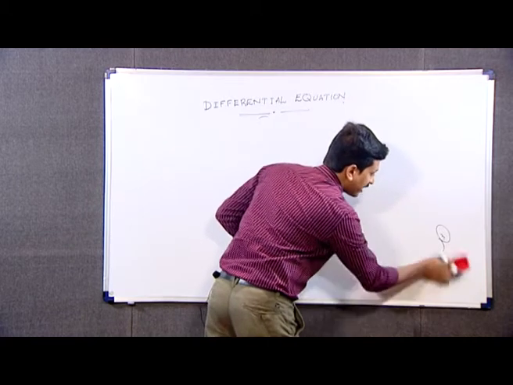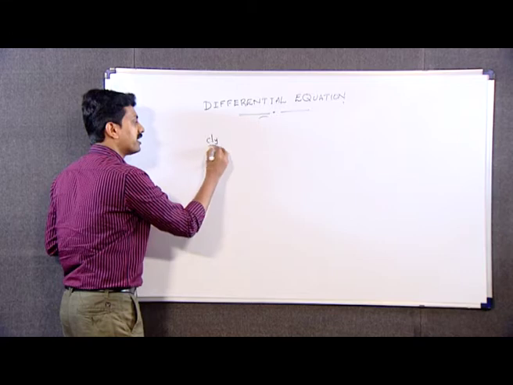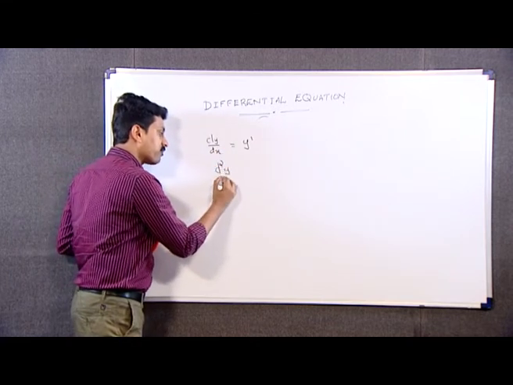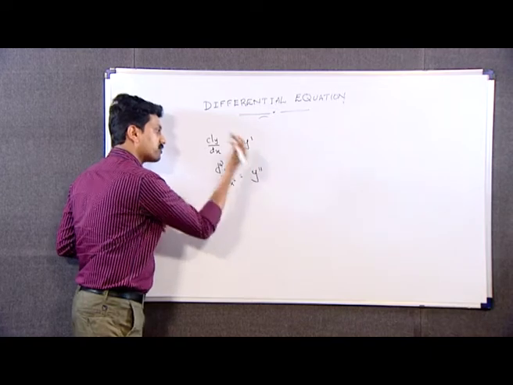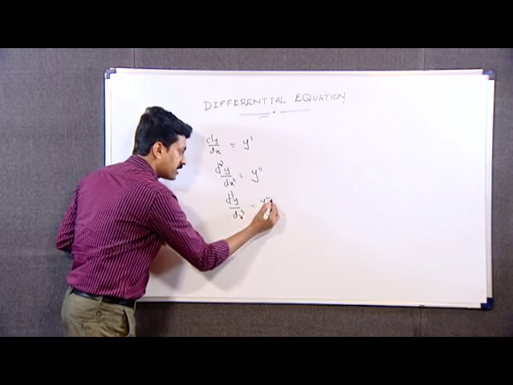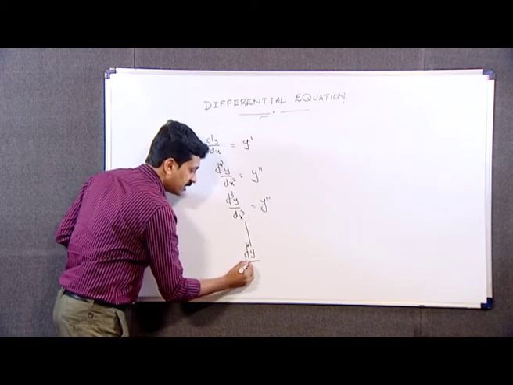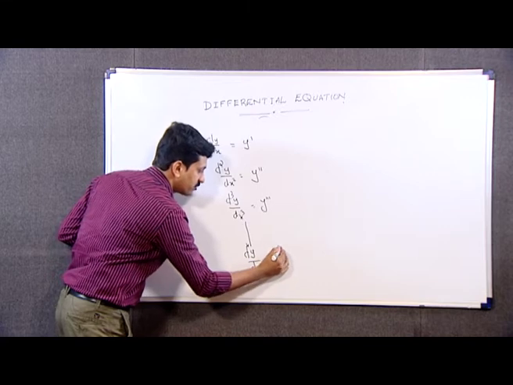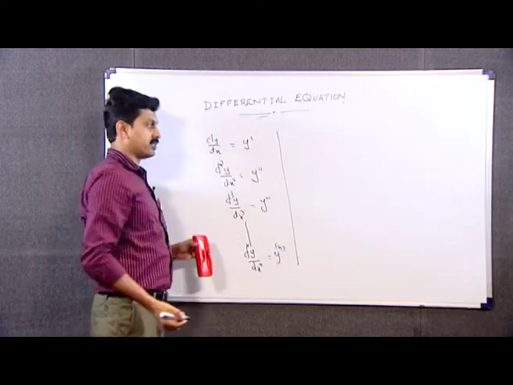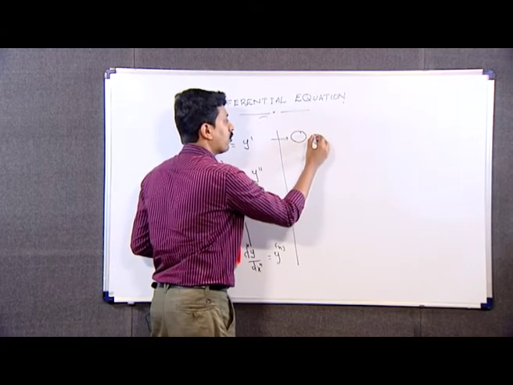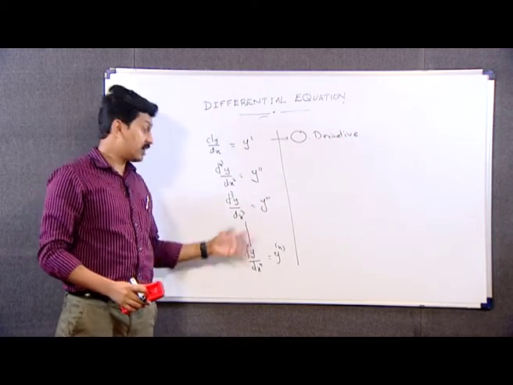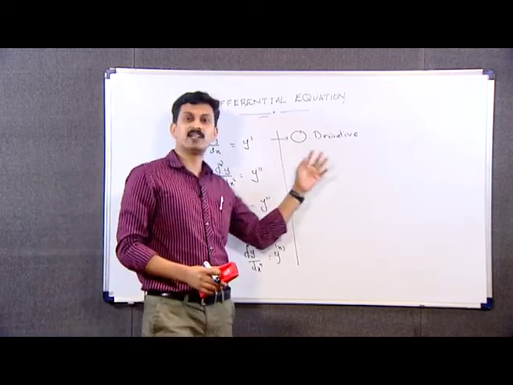From preliminary classes, dy/dx can be written as y', the first order derivative. d²y/dx² can be written as y'', and d³y/dx³ as y''', etc. In general, dⁿy/dxⁿ is the nth derivative of y, simply denoted as yⁿ. All of these derivatives we call ordinary derivatives, and any differential equation involving ordinary derivatives is an ordinary differential equation.